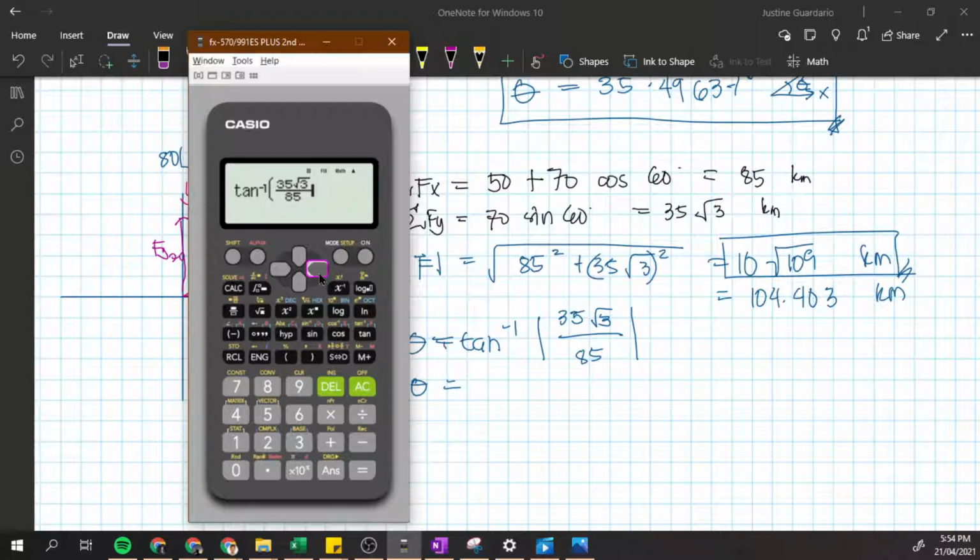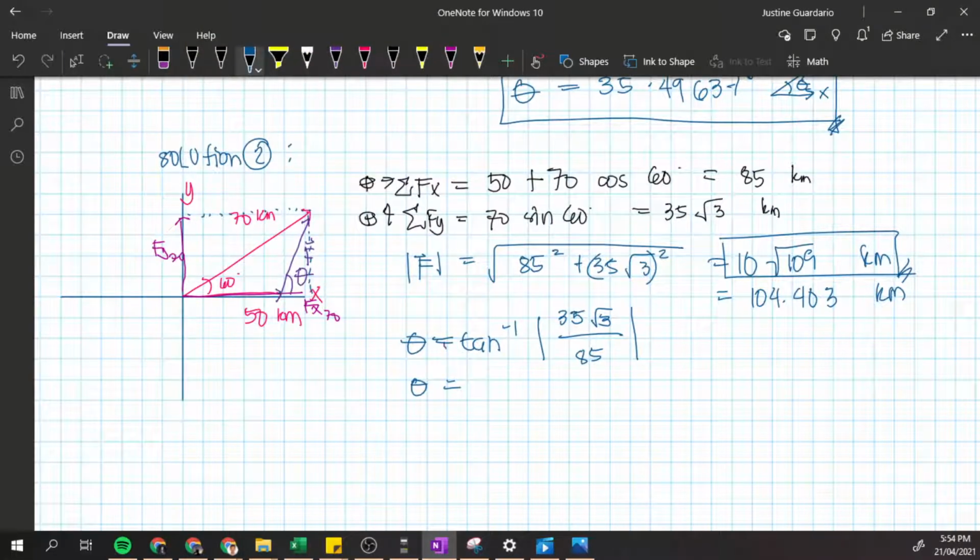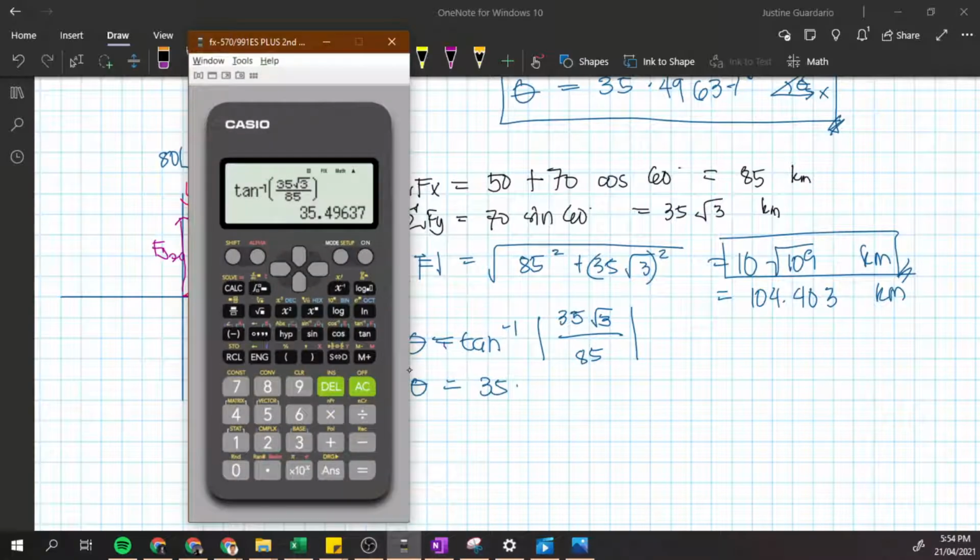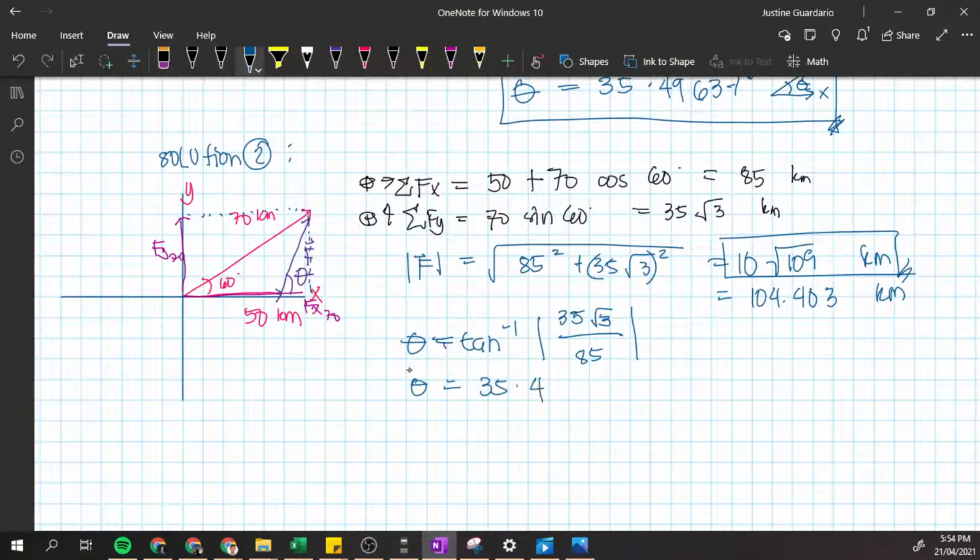Okay? That is equal to 35.49637 degrees.